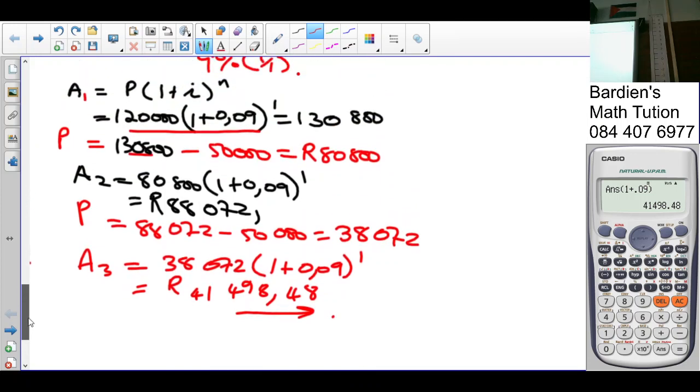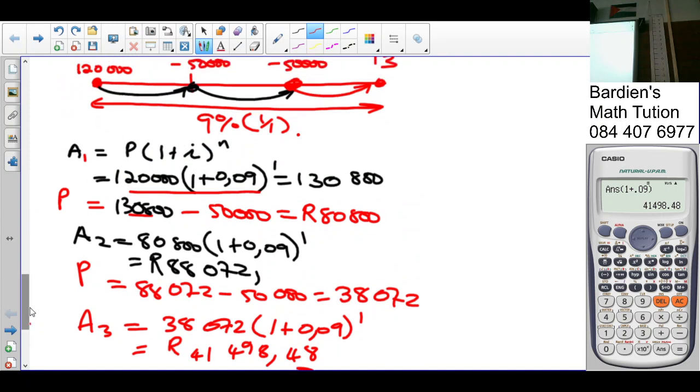Right, you guys understand? So what was the confusion in this sum? What was the confusion here?